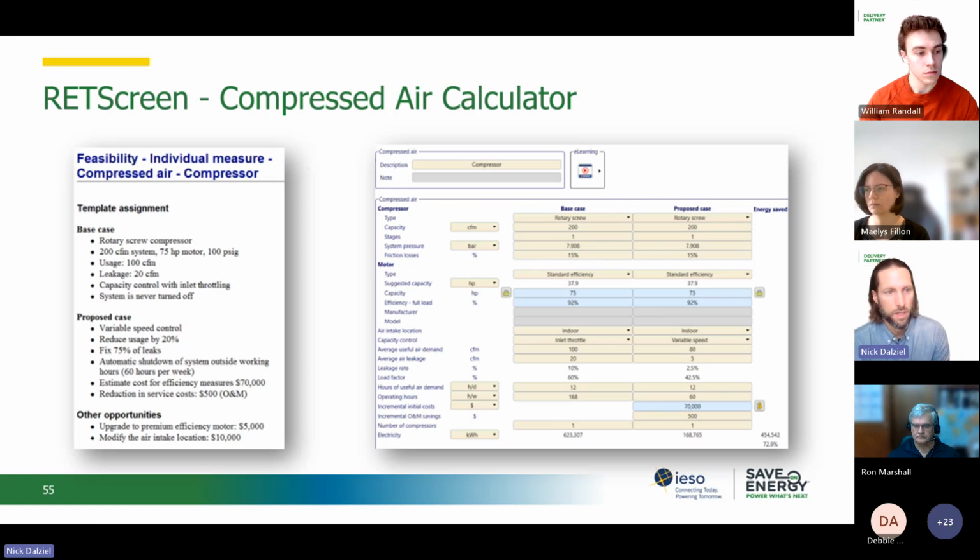This is one tool made available by NRCan. I'd love to hear in the comments if anyone has experience using this tool and if they have any thoughts or opinions on its uses or limitations. Please type that into the chat and let us know if you've tried this tool out.